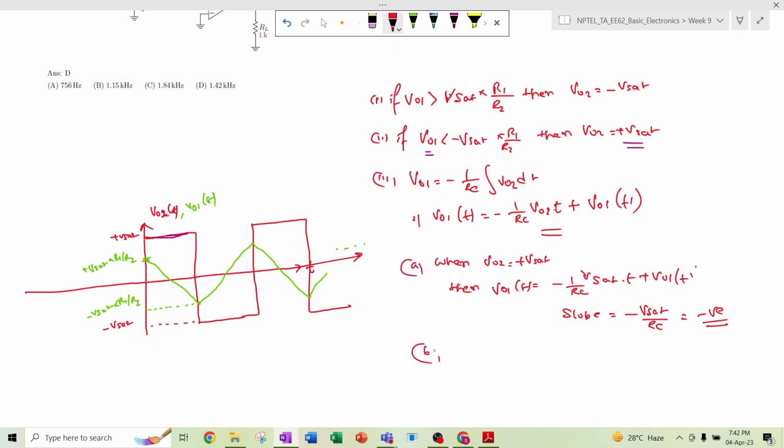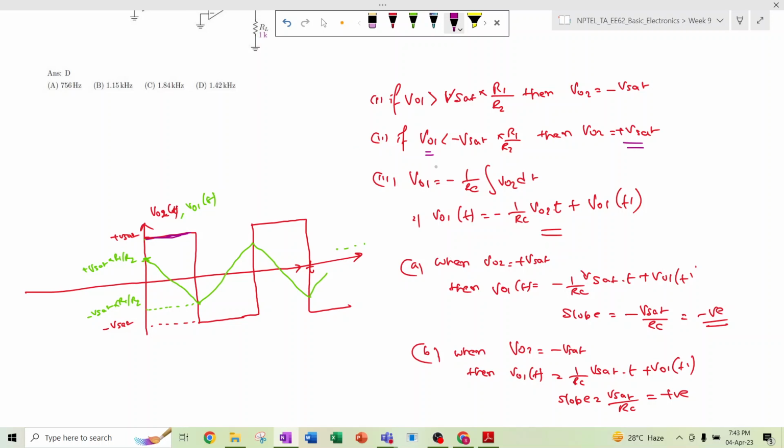And case B is when VO2 is equal to minus Vsat, then VO1T, if we put minus Vsat, becomes 1 by RC, minus minus becomes plus, into T plus VO1 T dash. Okay, and then the slope will be equal to Vsat divided by RC, which is a positive slope. So let's analyze this diagram. VO2 at first is in plus Vsat.